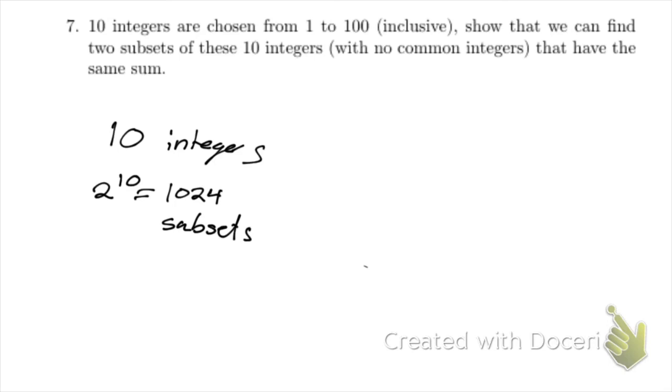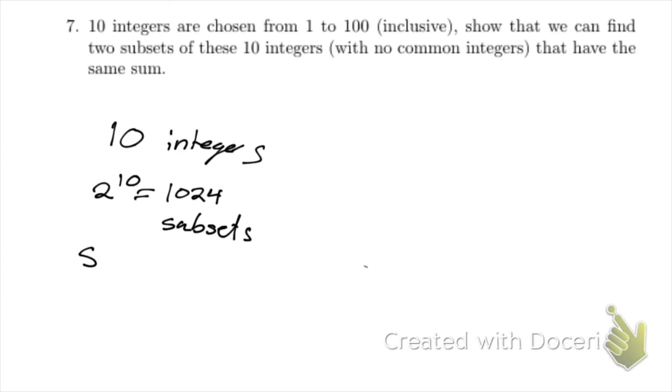Okay, so there's a whole bunch of possible subsets. Now, those subsets, well, they can be our pigeons, and the number of possible sums can be our pigeonholes. Well, what's the largest possible sum that you could have of 10 integers from 1 to 100? Well, it would be if we had all 10 being 100, which would be 10 times 100 is equal to 1000.